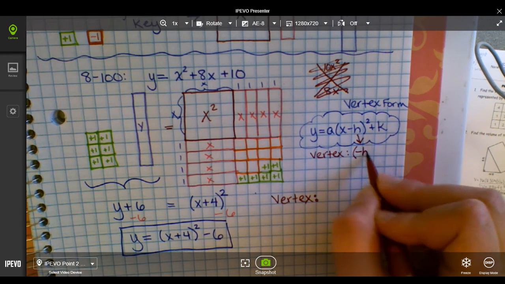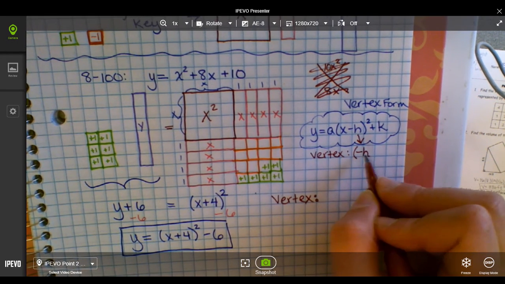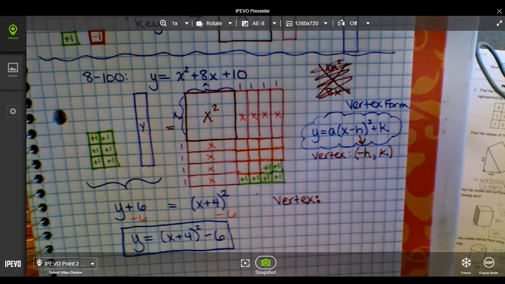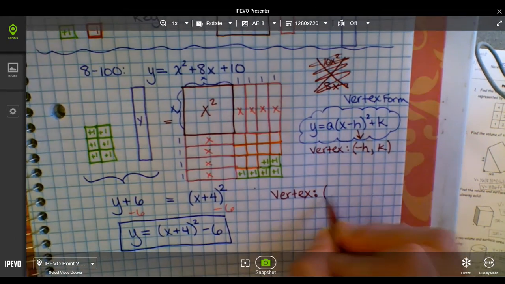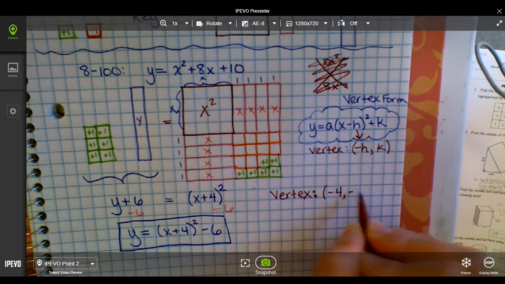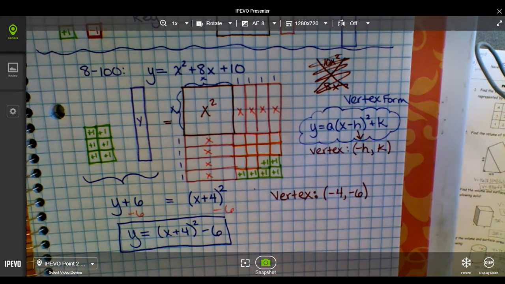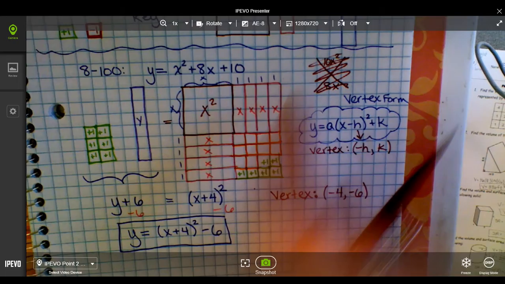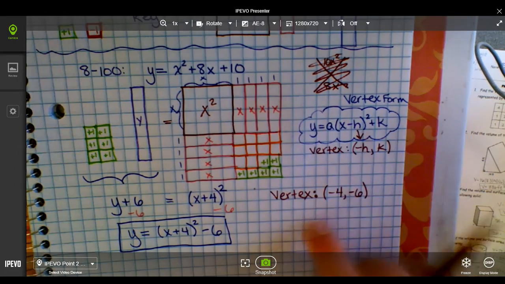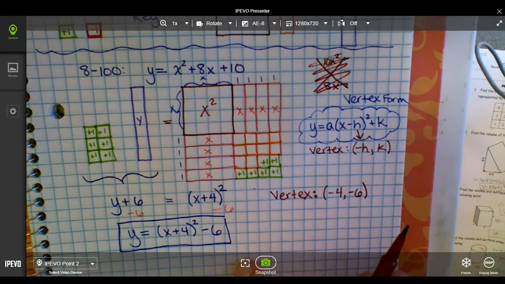And remember, I always want the opposite of whatever h is. I like writing it negative h. And then I have k as well. So for this particular problem, what's going to be my vertex? Negative 4 and what? Negative 6. Okay. So that h is always going to change because I technically have like x minus negative 4. It's always the opposite of what it seems. The k, whatever that is, that just comes down.